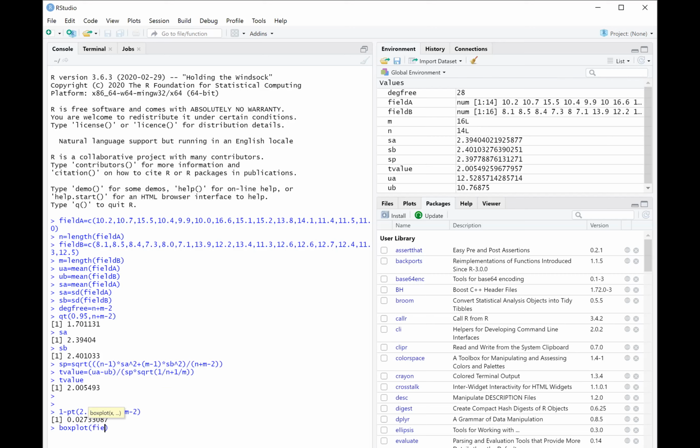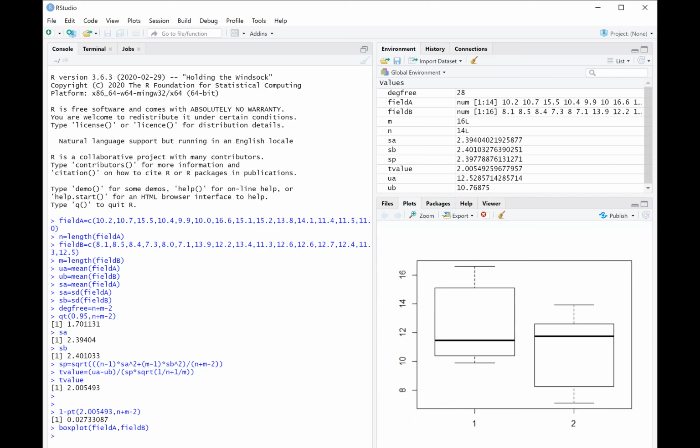So we can look at field A, we can look at field B, and we get the following side-by-side box plot, where this is field A, and this is field B, and we see pretty clearly that it looks like their medians are actually very similar, but pretty clearly field A has a larger mean than field B. And so all of this evidence is to convince you that field A has more water in it than field B.